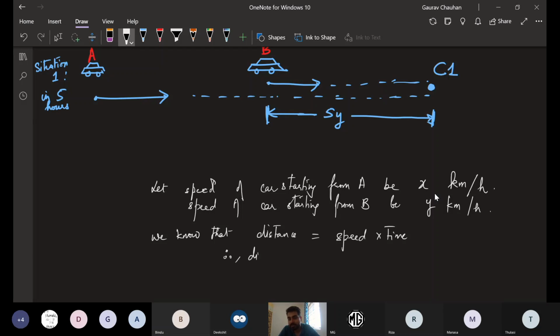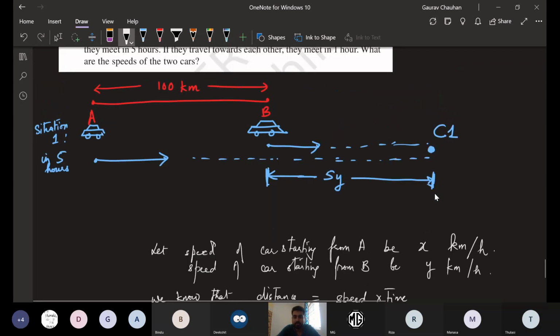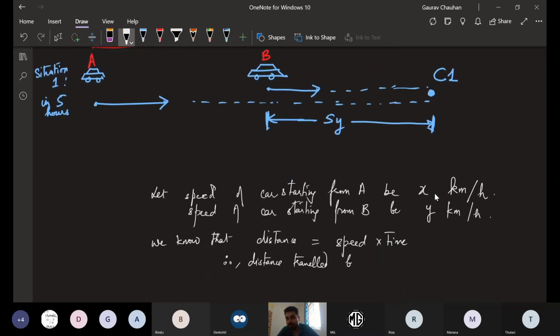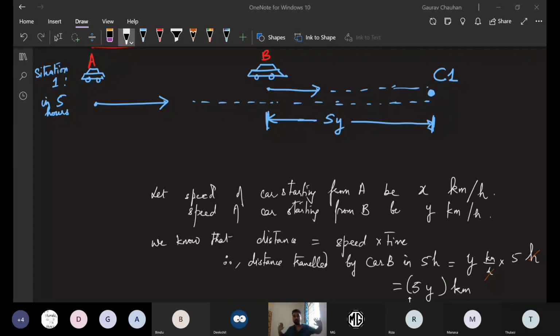Therefore, distance traveled by car B in 5 hours is equal to y into 5, or you can write like this also, y kilometer per hour into 5 hours, the hours cancel, that gives you 5y kilometers. Anyone who's not following this, please unmute and tell.